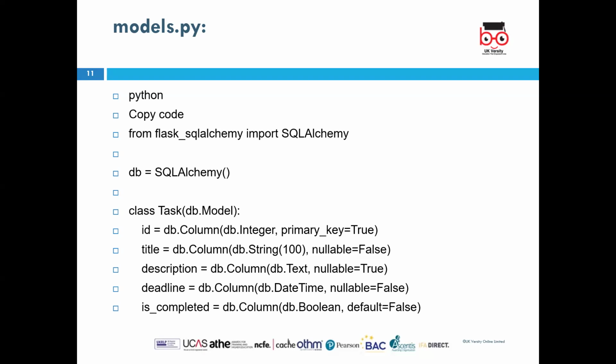We have our ID with the parameters that are going to retrieve integers from the primary key, which is set as true. Then we're going to retrieve the title from the database, and also the description and the deadline, and also when it's completed.